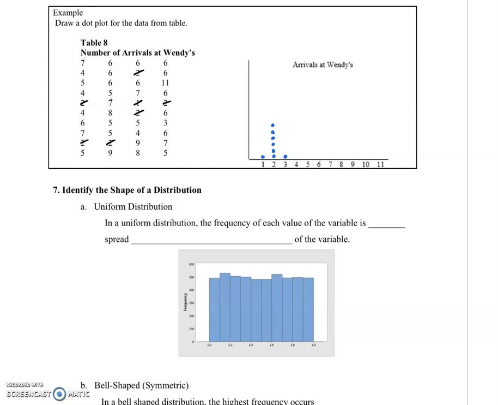And you should pause the video and try to see if you can get the rest of these on your own, and then restart the video. So I get that there are 4 4s. There are 7 5s.